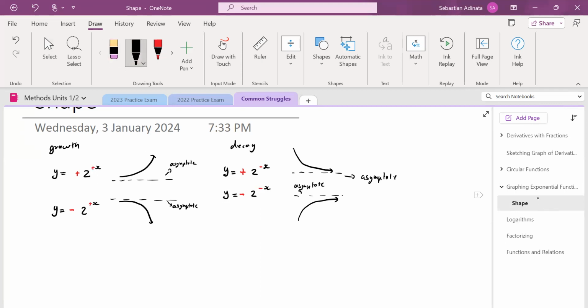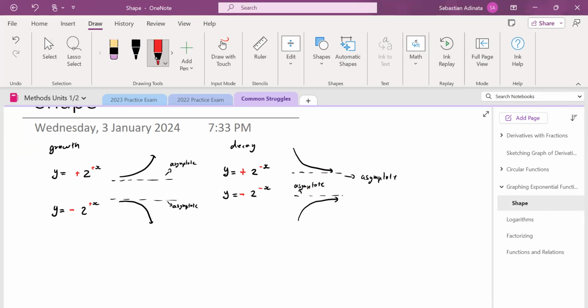And you can imagine the sign in front of the 2, so not in front of the x, or it could be a constant, so y equals plus or minus 10 to the x. The 10 would be the constant. The positive or negative outside the constant flips it. So notice how it's almost identically just flipped.